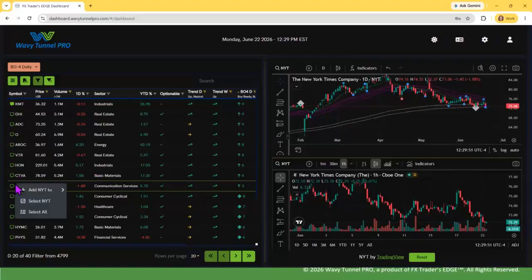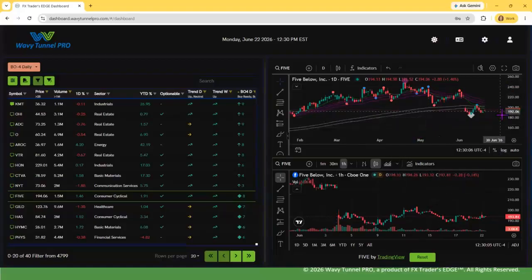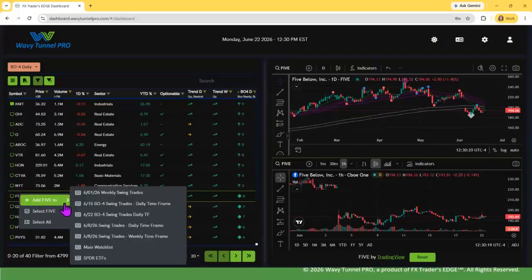This is New York Times. So this is more or less flat for the year. I'd like to see this close above the filter before taking action on this. We're down a little bit from Thursday. I will put this on the watch list.